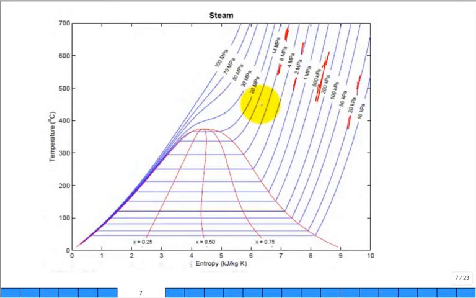So if we come in at 440 at 8 megapascal, we expand it down to 2 megapascal. But if it's irreversible, we don't use a solid line. We use a dashed line, and the entropy is going to go up. And it probably is going to come out superheated vapor if it wasn't already superheated vapor.